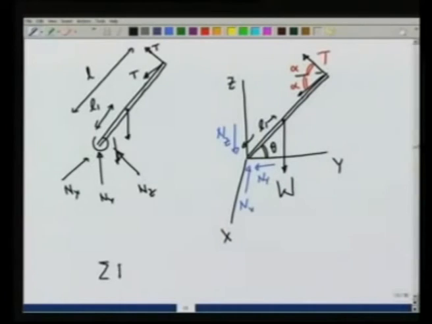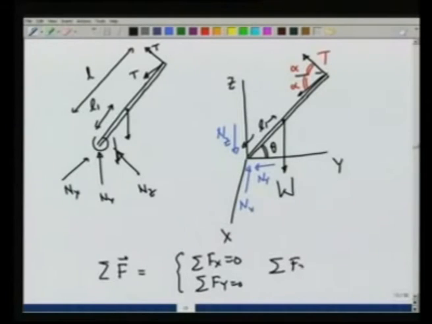So, let us now consider the equations for equilibrium. Summation over f gives summation f x is equal to 0, summation f y is equal to 0 and summation f z is equal to 0. Let us consider forces in all three directions.